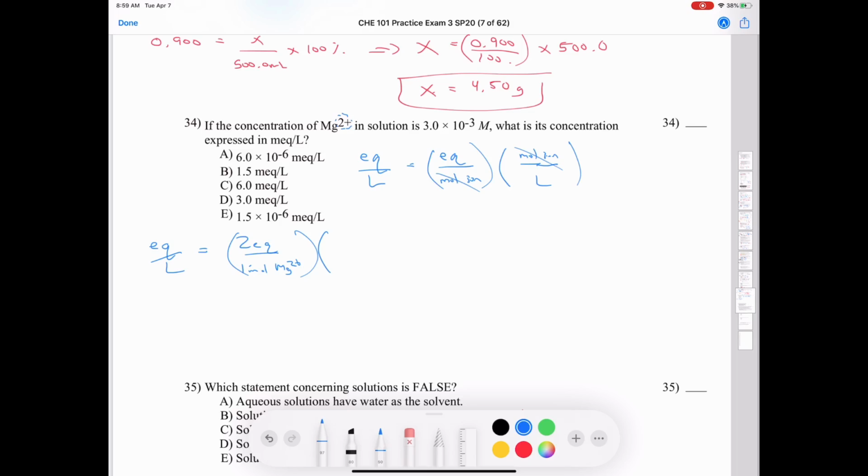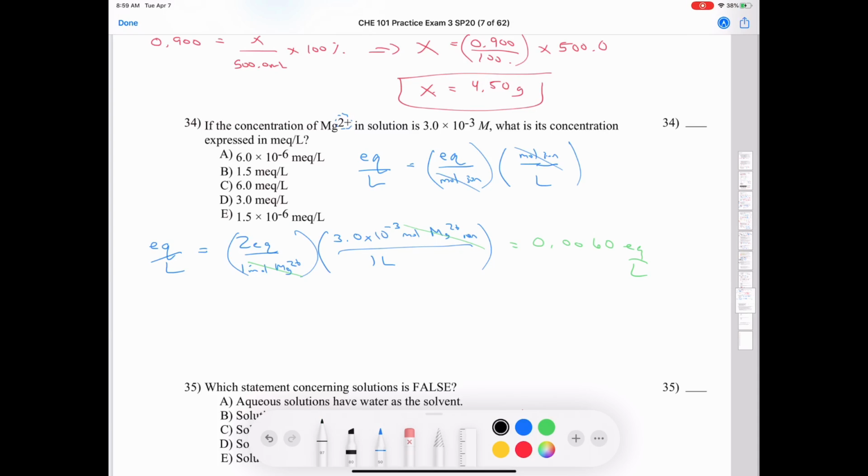And then we know that for every 3.0 times 10 to the negative 3 moles of the Mg2 plus ion, we have 1 liter. So look, my units cancel out like that, and I end up with the number of equivalents per liter. So if you're thinking all I have to do is multiply the concentration by the number of units of charge, the answer is yes. So I end up with 0.0060 equivalents per liter.